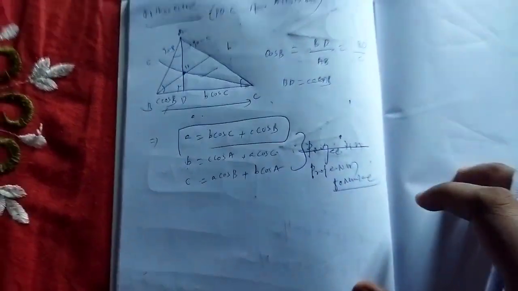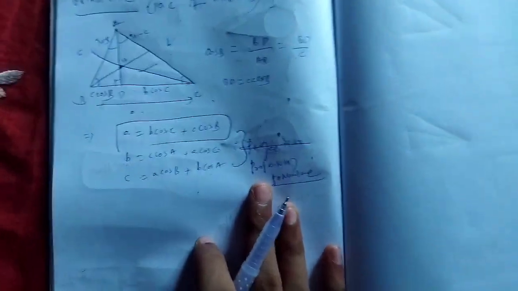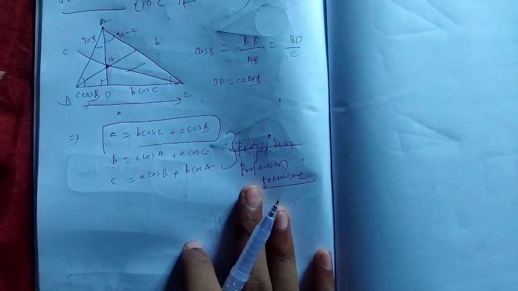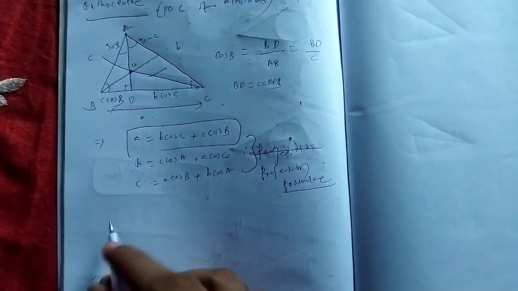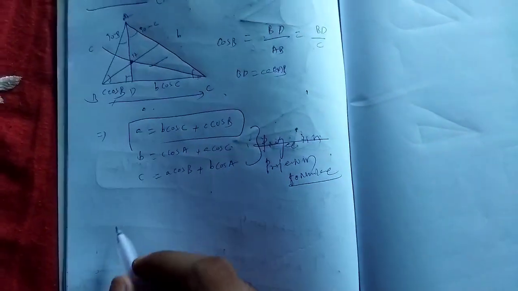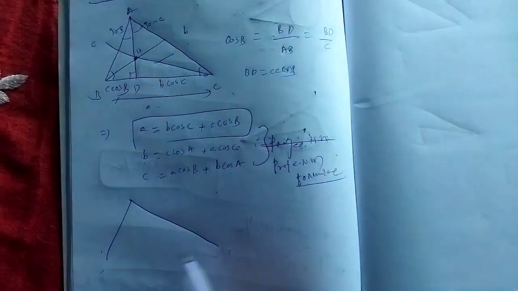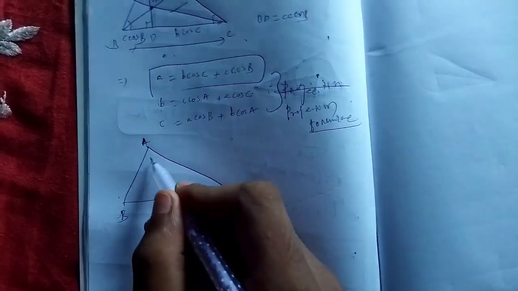Let us get into the length of the altitude and the distance from the orthocenter to all the vertices, and we shall find all these things. This is a triangle ABC.